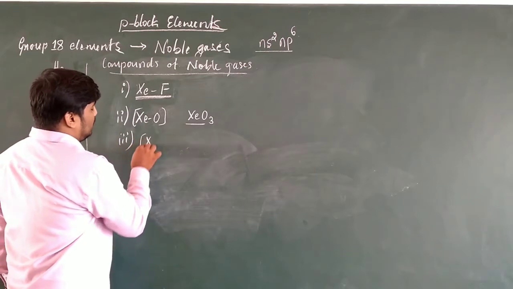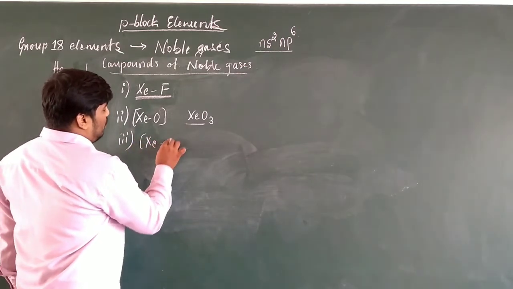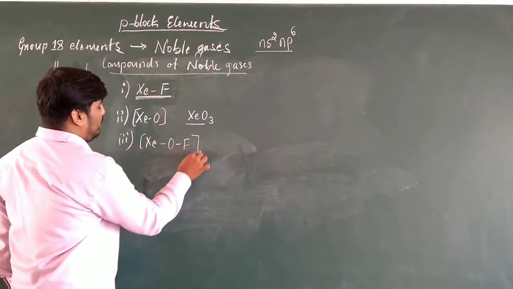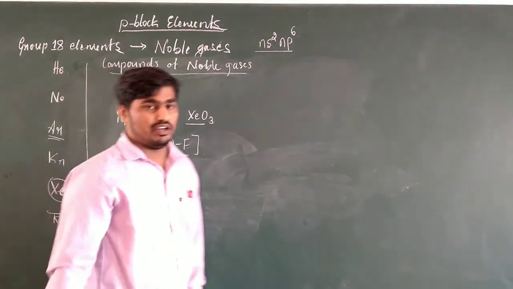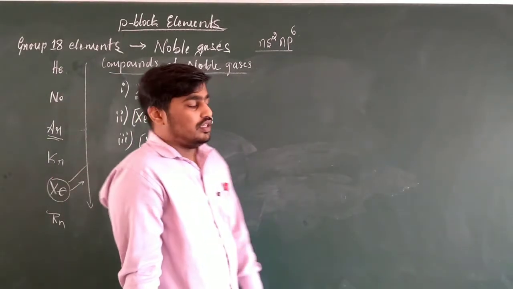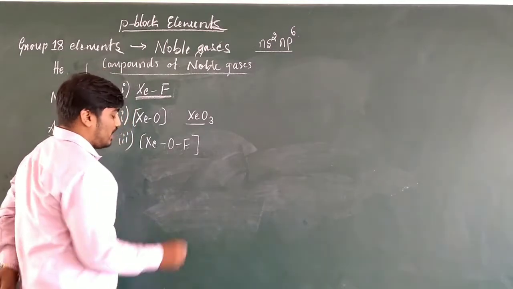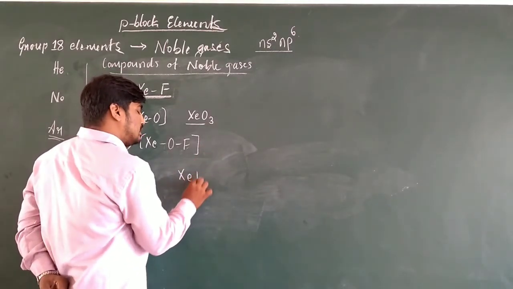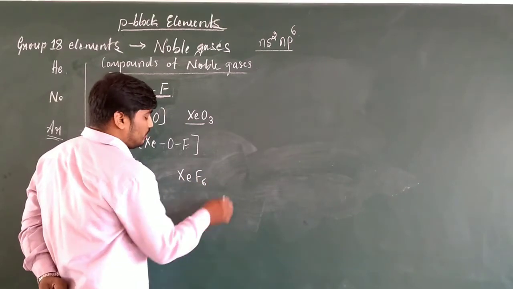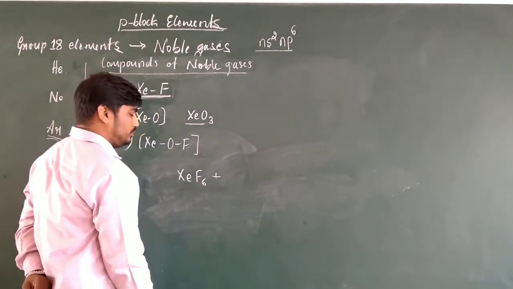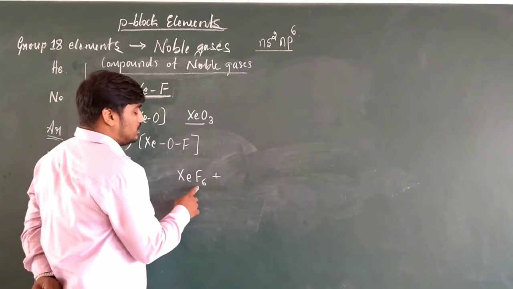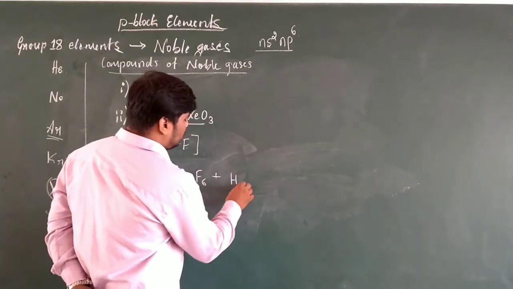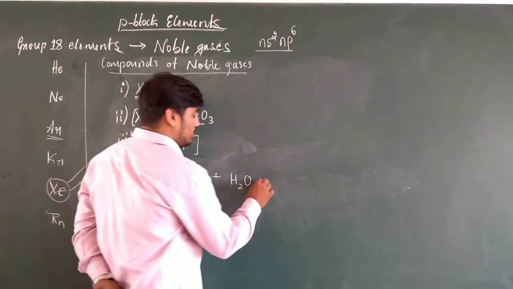Next, the last one is xenon oxyfluoride compounds. The xenon oxyfluorides are prepared by the partial hydrolysis of xenon hexafluoride.